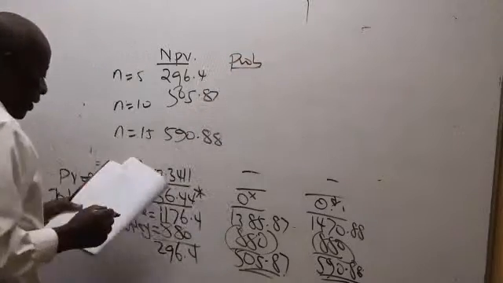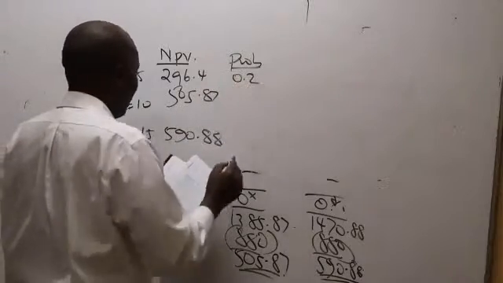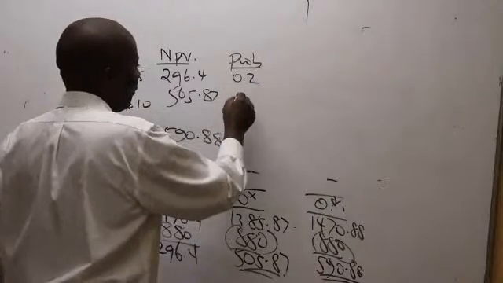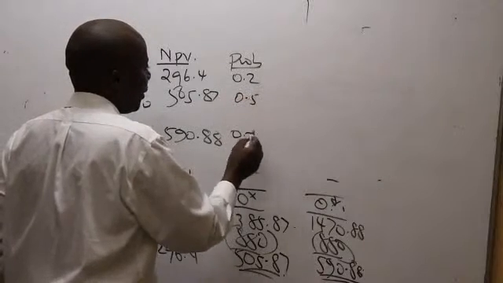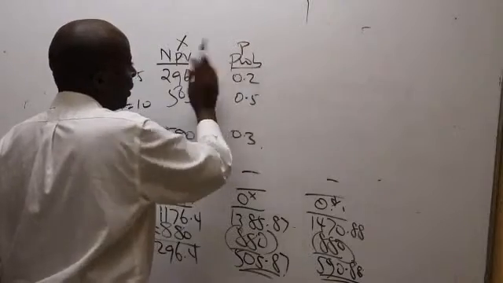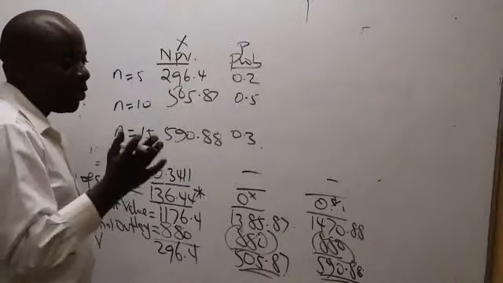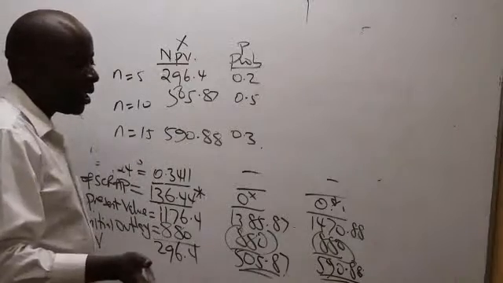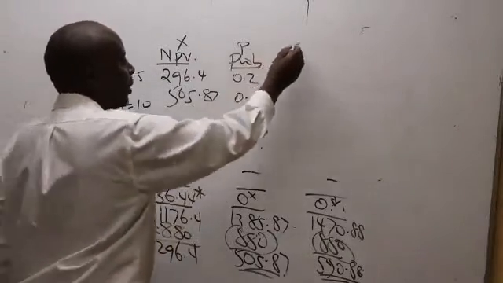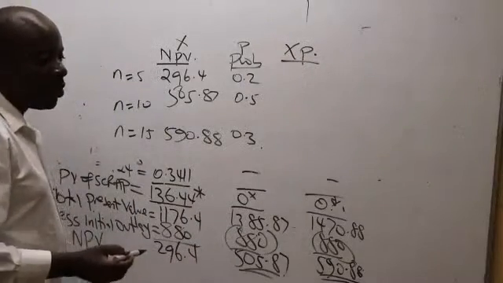The probability is given there. For 5 years it's 0.2 probability, for 10 years it's 0.5, the other one is 0.3. So this is your x, this is your probability. Whenever you see x and the probabilities, simply multiply them. So come and create a column up here for xp.